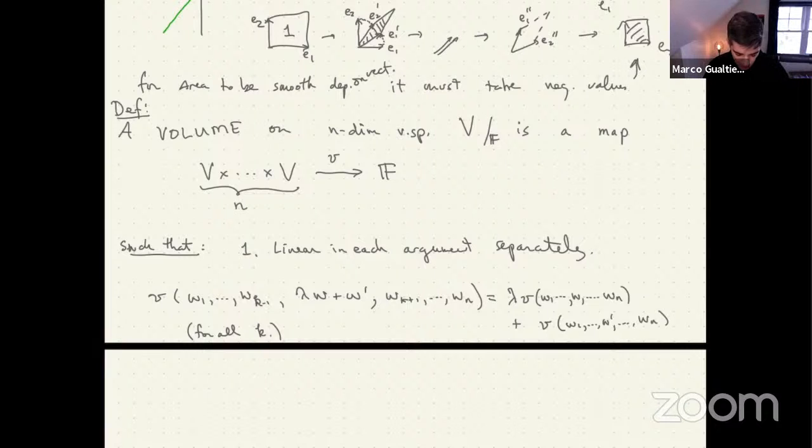Okay, and the second, so this, by the way, when something is linear in each argument separately, this is called multilinear.